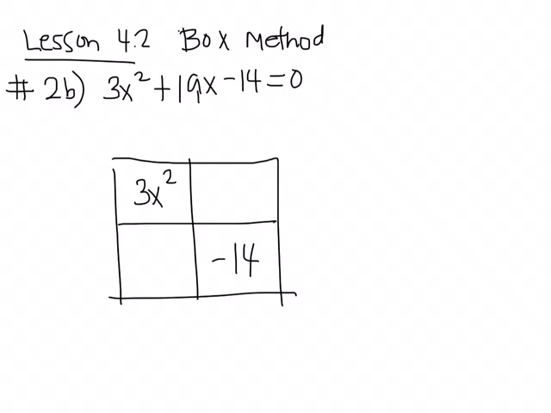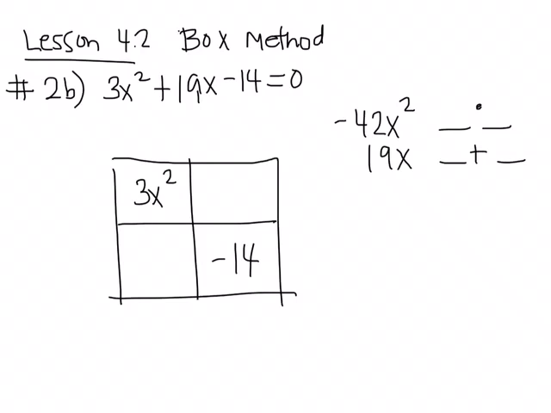Next, you're going to multiply the two numbers diagonally that you have. So 3x squared times negative 14 gives me negative 42x squared. I want to find two numbers that multiply to that, and at the same time they always have to add up to your bx value, which is positive 19x.